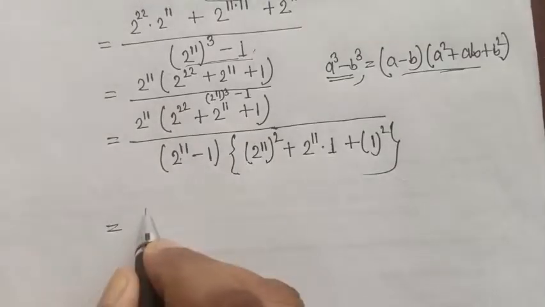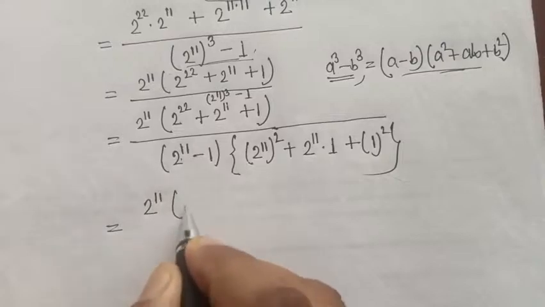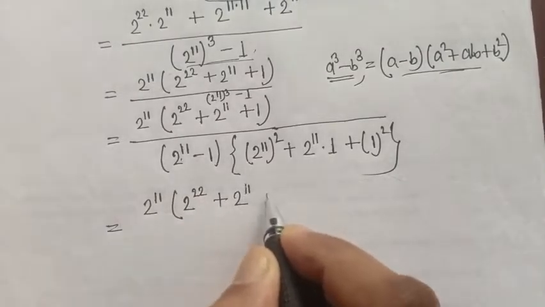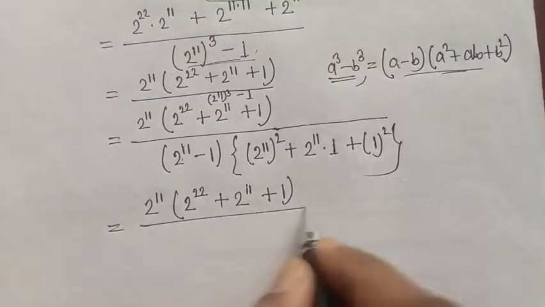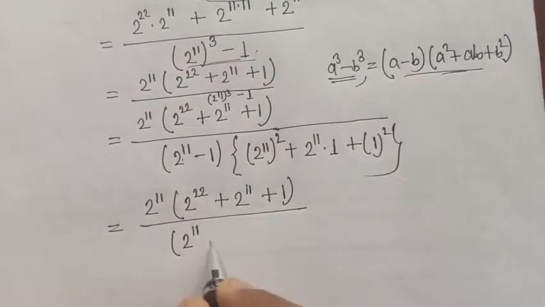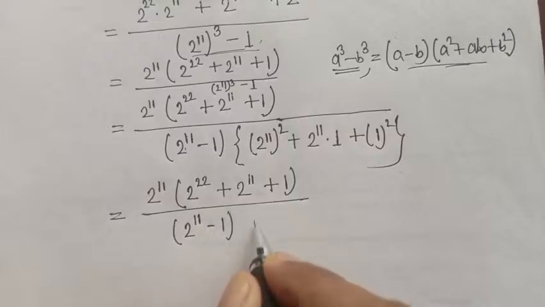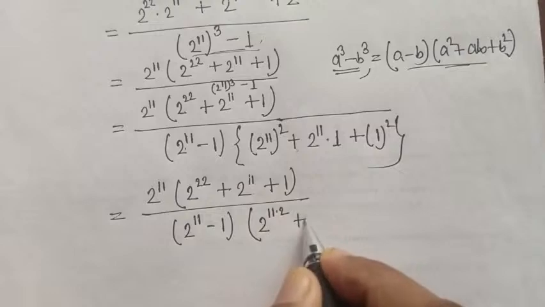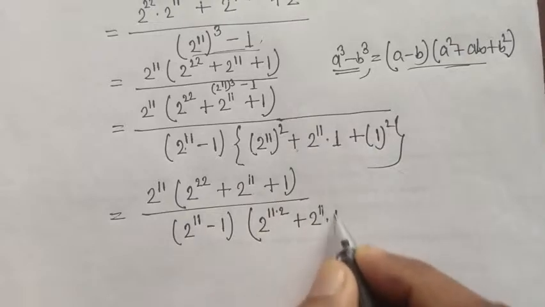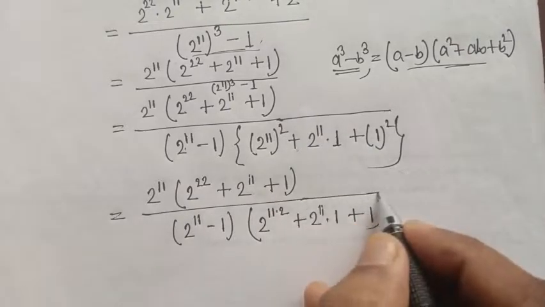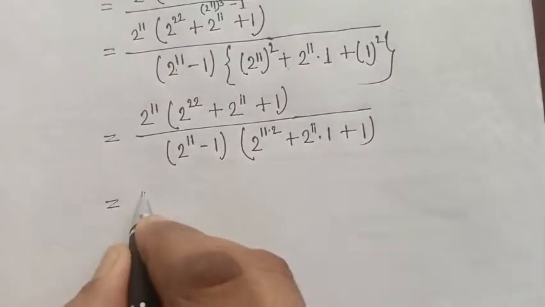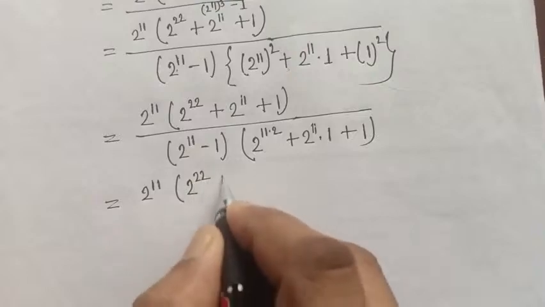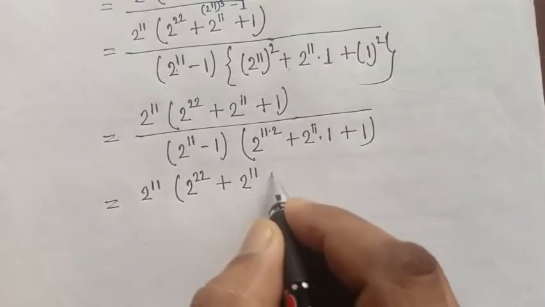So we can write the expression 2 to the power 11, 2 to the power 22 plus 2 to the power 11 plus 1 by 2 to the power 11 minus 1, and that will be 2 to the power 11 into 2 plus 2 to the power 11 into 1 plus 1. Now we are going to simplify this more. 2 to the power 11, 2 to the power 22 plus 2 to the power 11 plus 1.